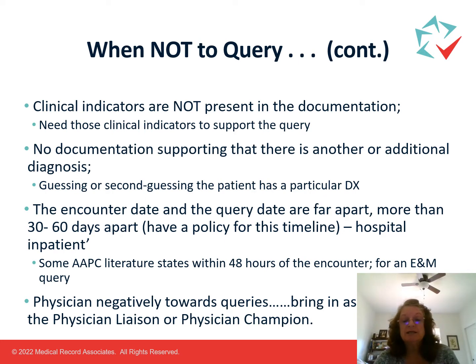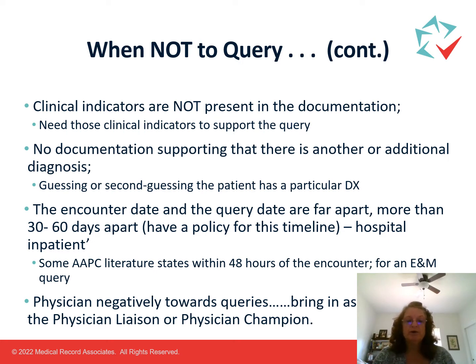AAPC literature has stated 48 hours of an encounter for an evaluation and management CPT query, where we've seen in DRGs that we can rebill a DRG 60 days after the remittance advice. We can go back in the record and make an adjustment. So there may be a little bit different timeline for different encounter types, but they need to be very compliant. They need to be as close to the encounter end date, discharge date, end date as possible.